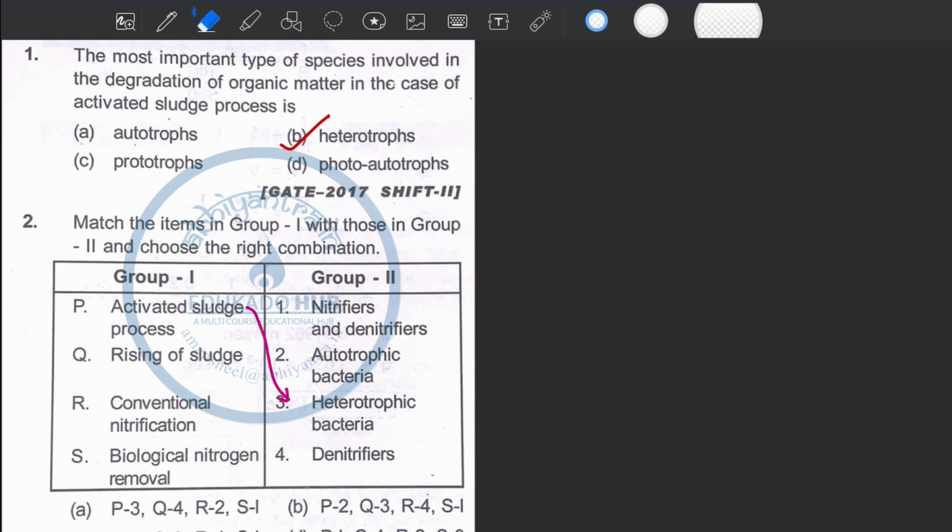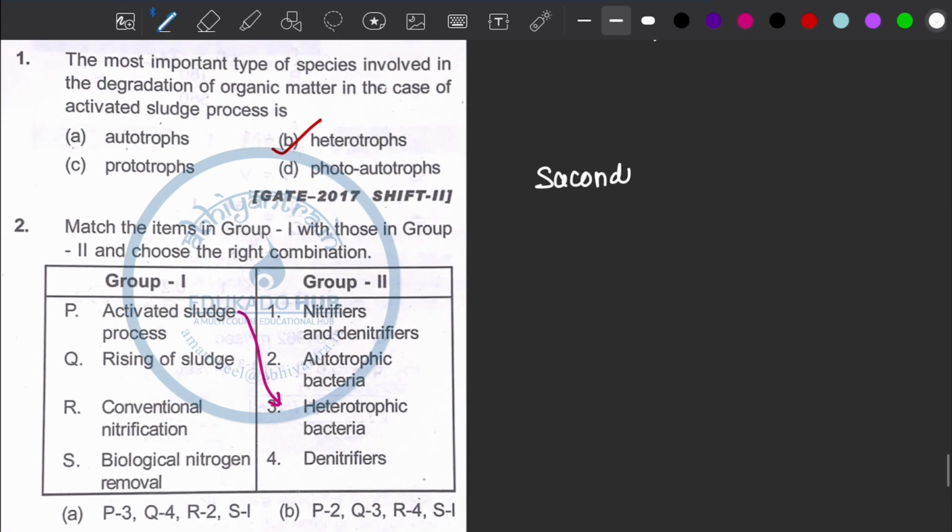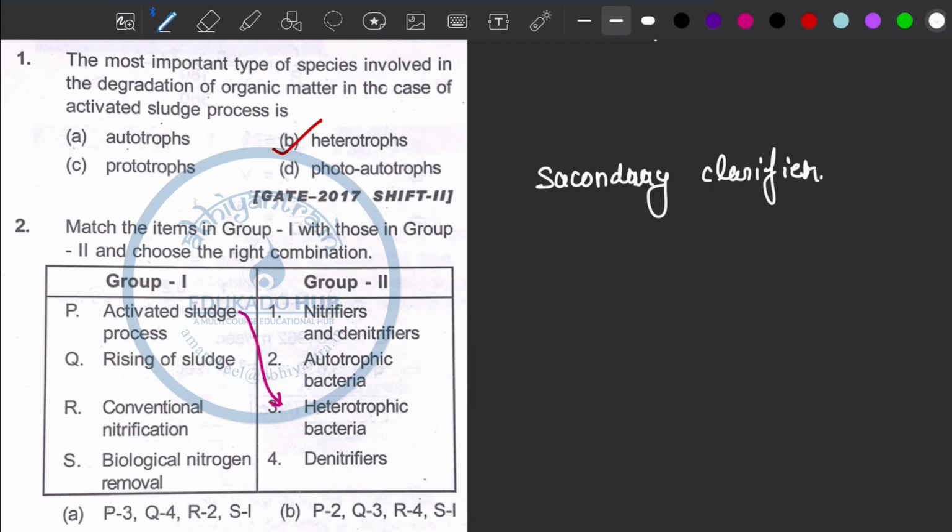Now rising sludge. What is rising sludge? Rising sludge occurs in the secondary clarifier of activated sludge plants when the sludge settles to the bottom of the clarifier, is compacted, and then after that it starts to rise to the surface.